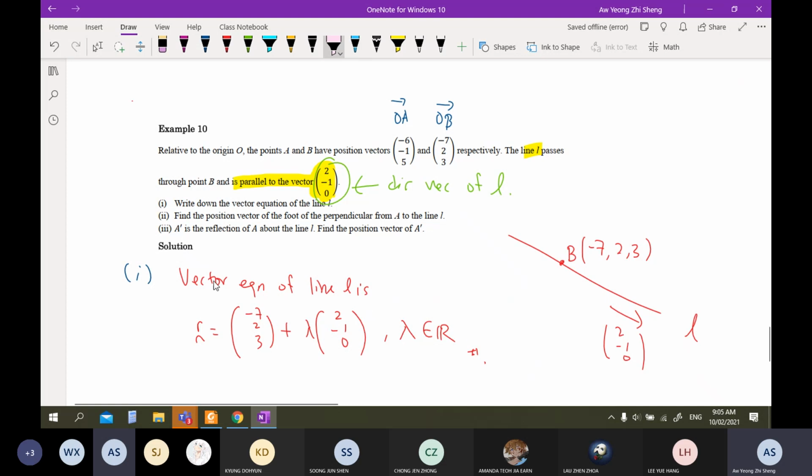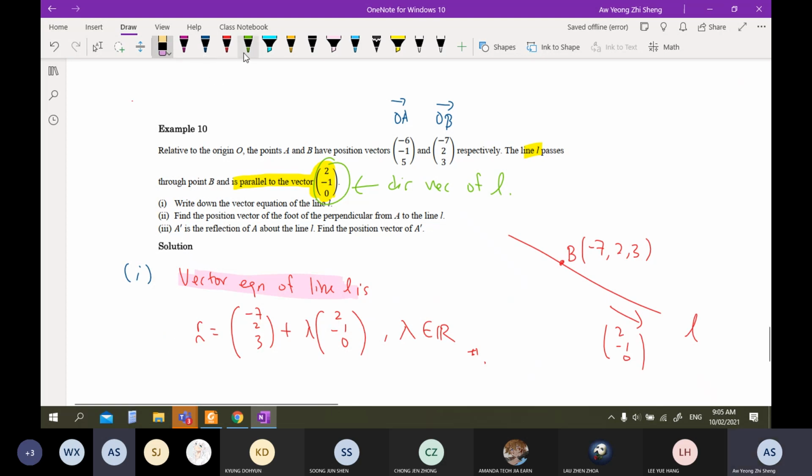It is a must to state this sentence, vector equation of line L. If you do not state this pink sentence, then at least you should write L colon. If you already state vector equation of line L, then it's okay not to write L colon here.